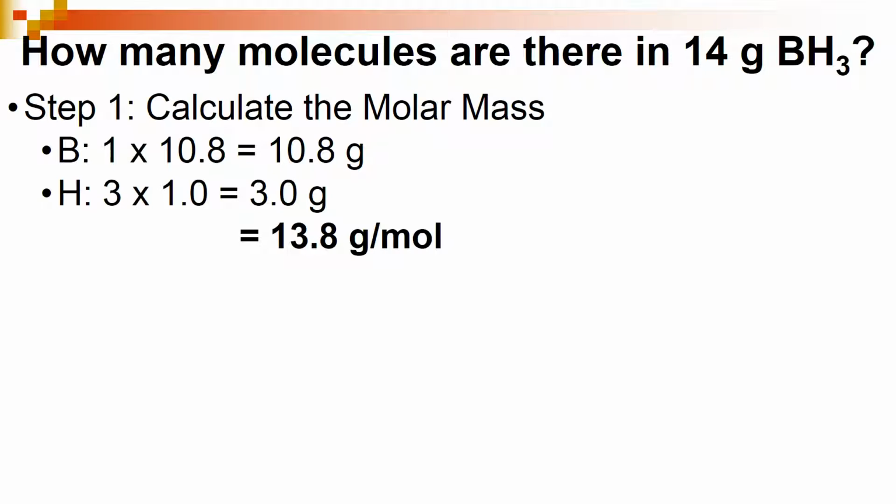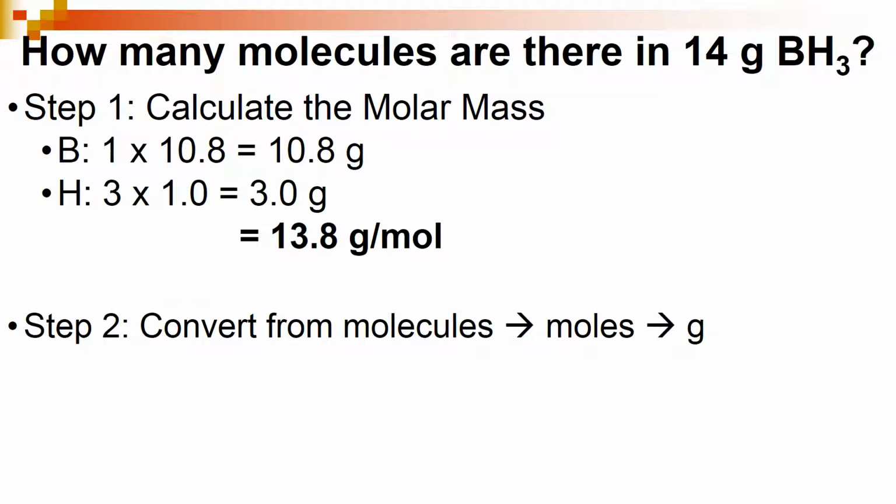Now, let's formulate our plan. We're told that we have grams of borane here. So this plan is actually a little bit incorrect. So let me kind of discuss what's wrong here.